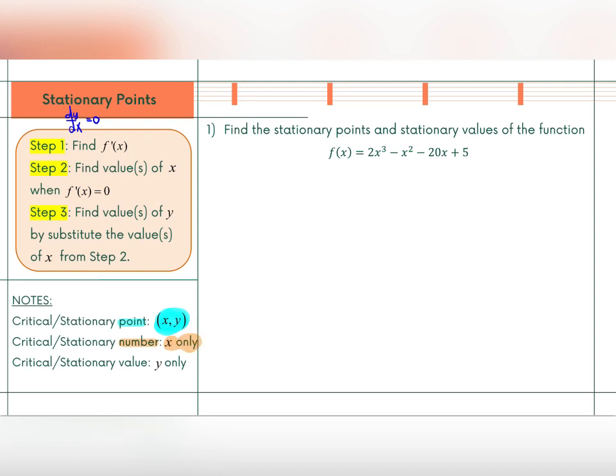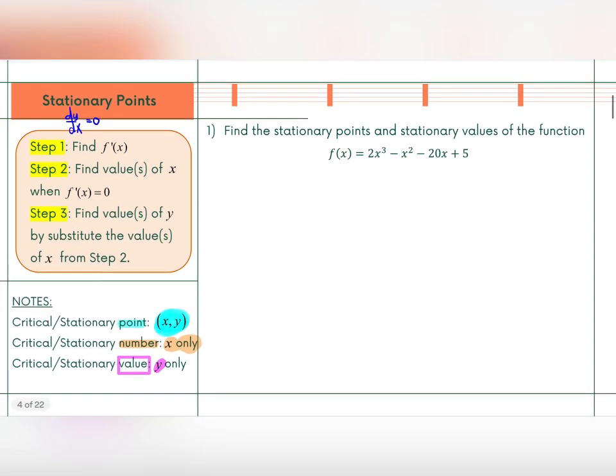Okay, dan kalau soalan mention critical value ataupun stationary value, sebenarnya dia merujuk kepada value of y sahaja. Okay, so kat sini hint kepada ayat soalan lah. Kamu kena tengok soalan tu minta apa.